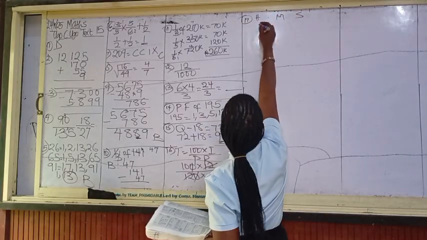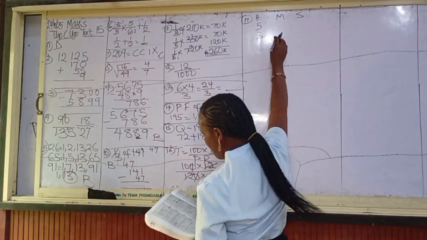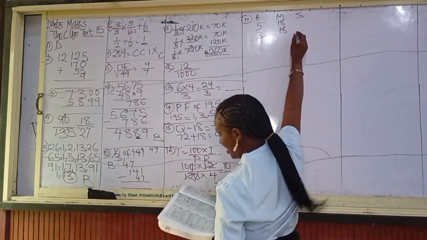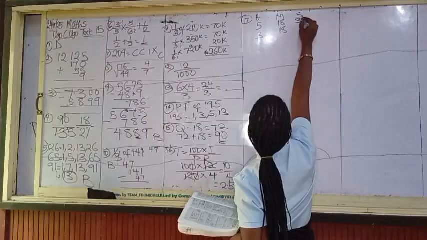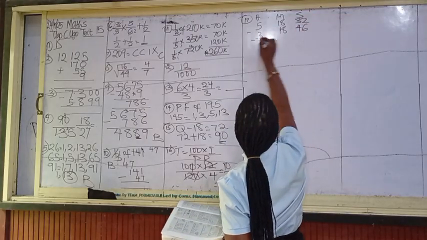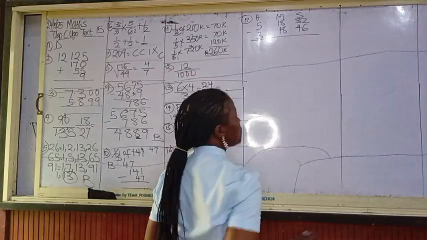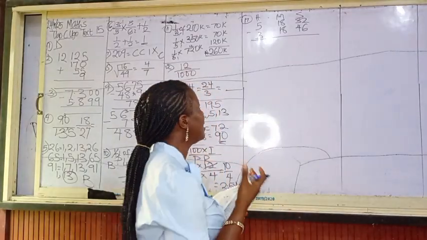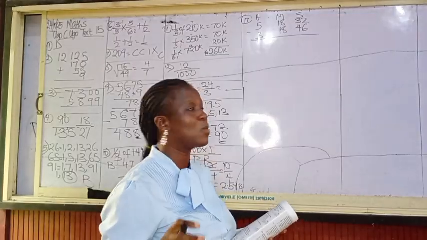We have 5 here, 3 here, 18 here, 18 here, 32 here, and 46. So we have to take it away, but we shouldn't forget our simple principle in mathematics. 60 seconds make 1 minute.